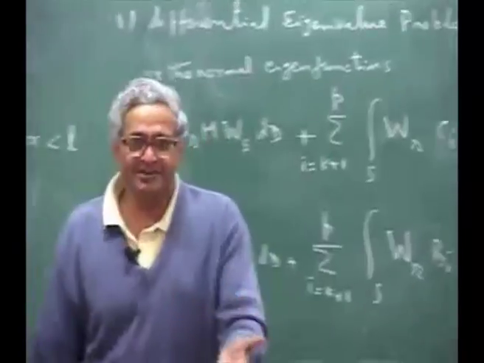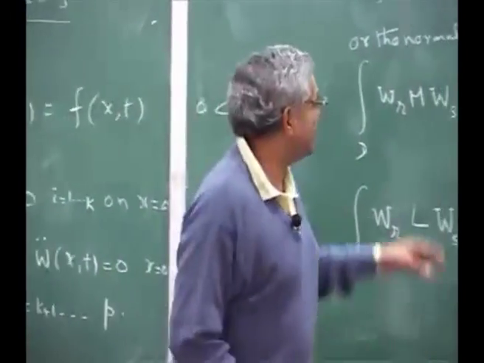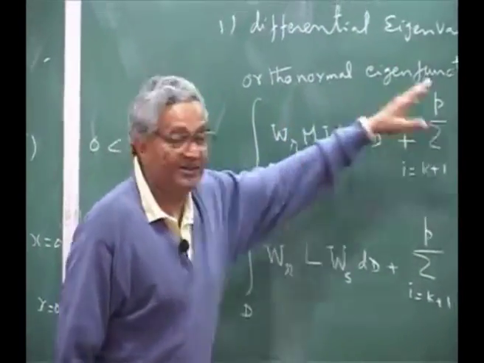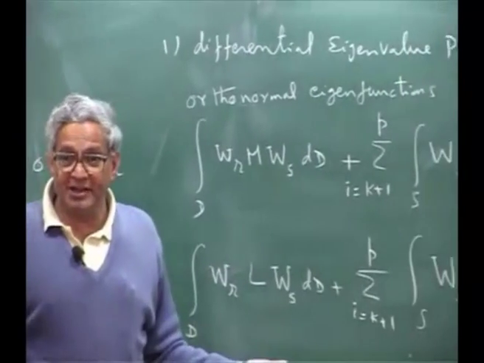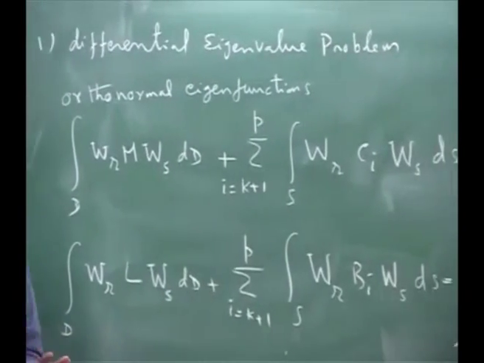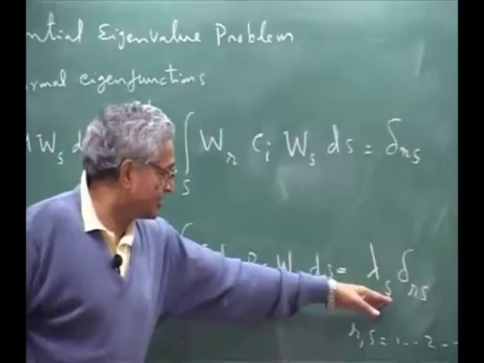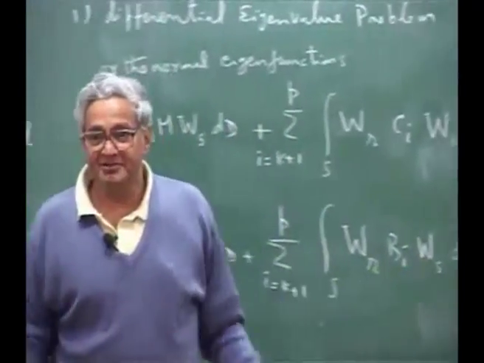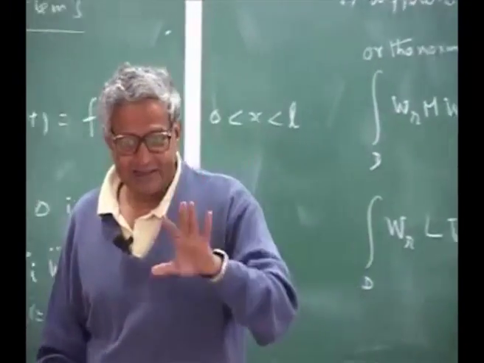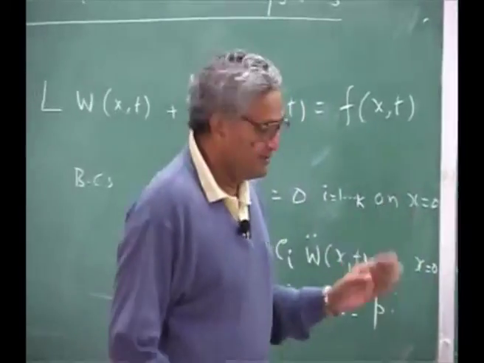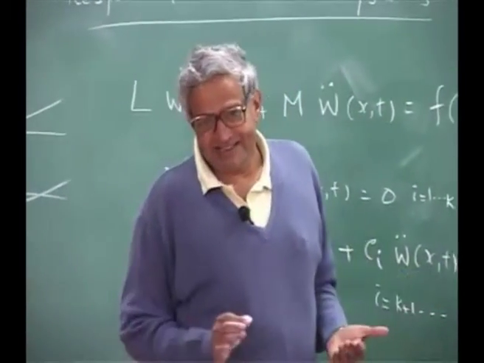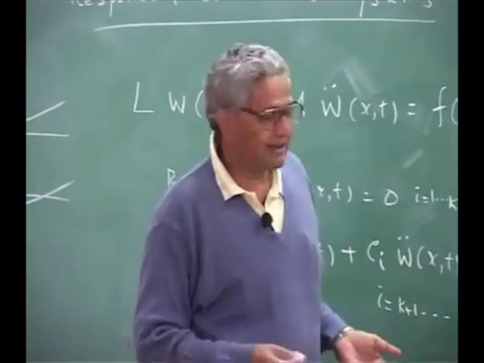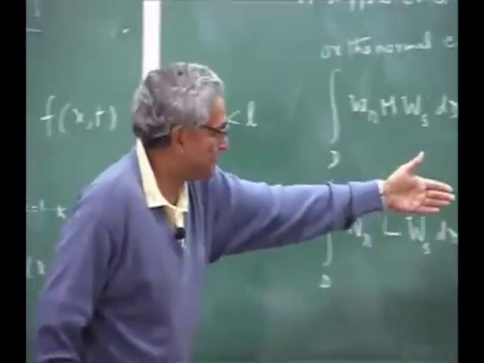That is another way of normalizing, and that is why they are called orthonormal eigenfunctions. Suppose you say, if I don't normalize it, what will happen? Nothing will happen. The only thing is that the corresponding value will get multiplied everywhere. There are various ways of normalizing the functions. One of them is this condition.